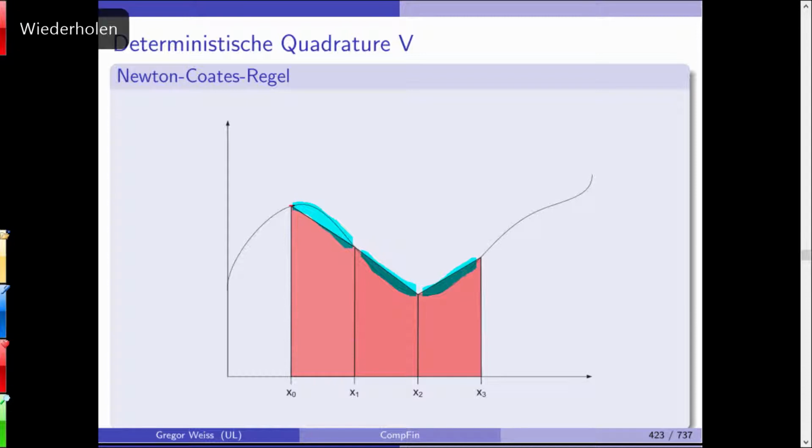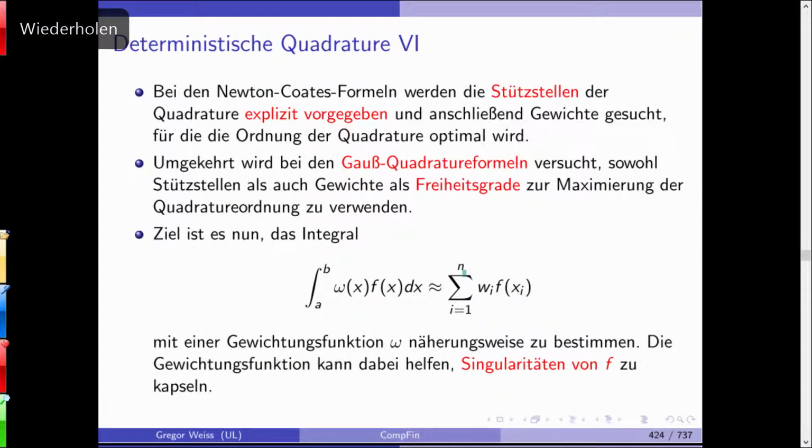And this is the idea behind numerical integration. Now, in the Newton Cotes formulas, the nodes are explicitly given, and afterwards you simply select the weights that will give you a good approximation.